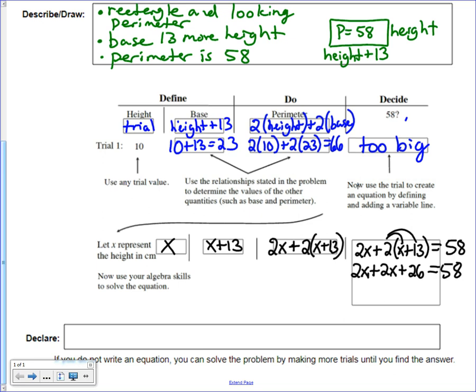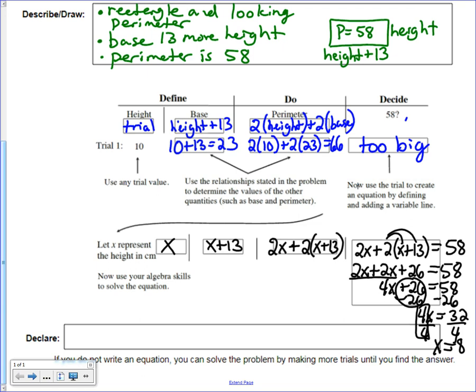I'm going to combine these to get 4x plus 26 equals 58. Subtract 26 from both sides, creating a 0 pair. So then I get 4x equals 32. Now I divide both sides by 4 to get my giant 1. And then I get x equals 8.